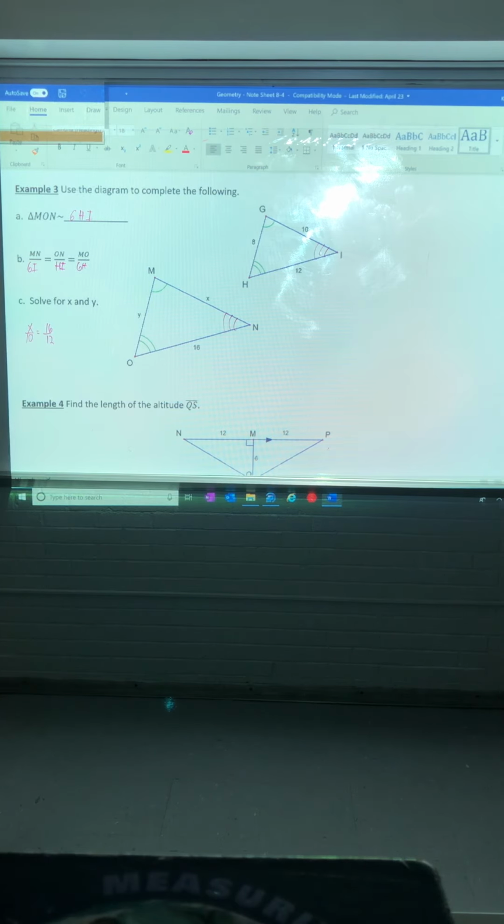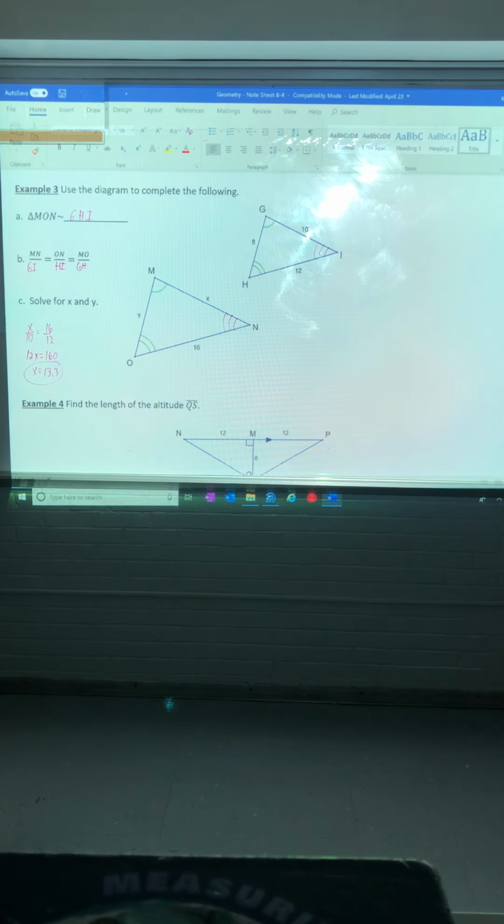All right, and then we solve that. We do 12x equals 160, and we divide through by 12, and we're going to end up getting 13.3, rounded off there, thereabouts. So x is going to equal 13.3.